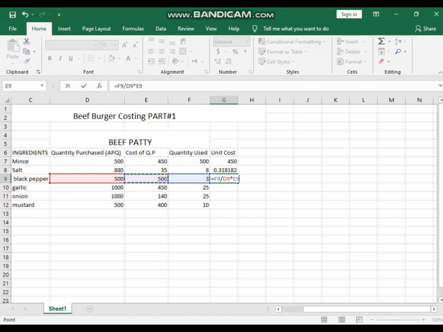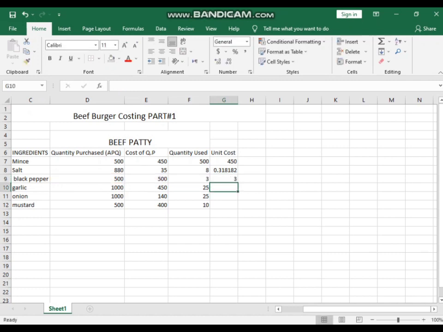You have to apply this formula in all the cells of your unit cost column. But remember one thing, when the value comes in points or decimals, you have to round it off.